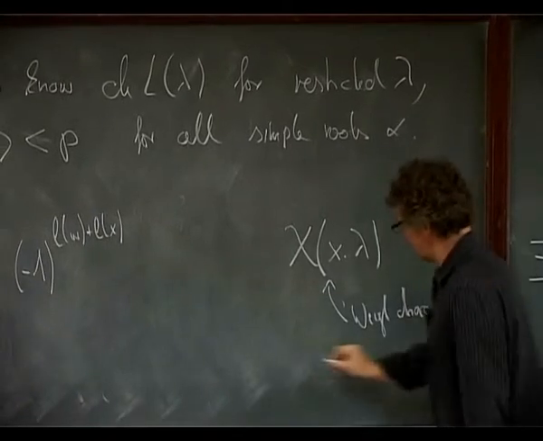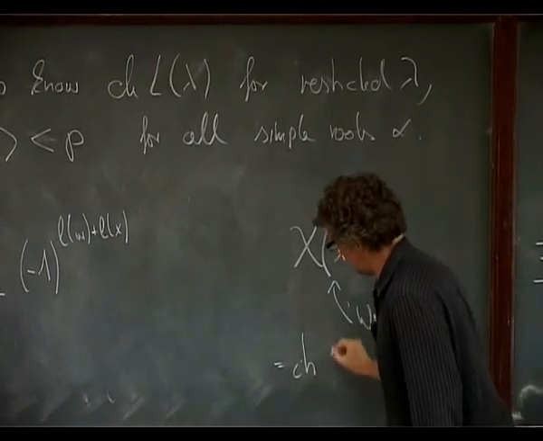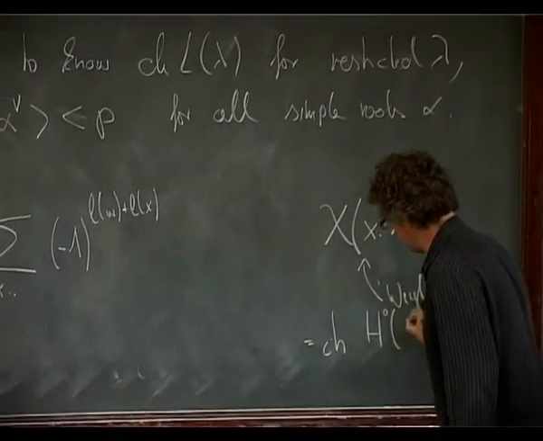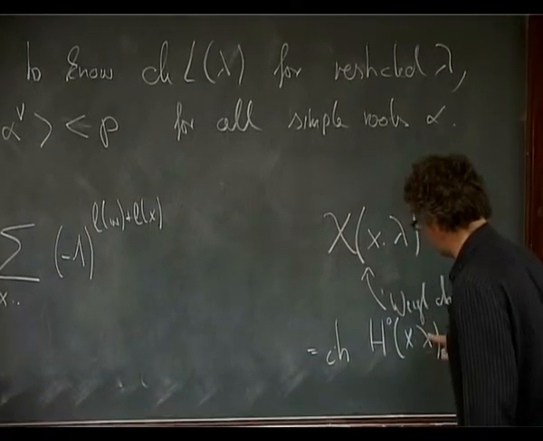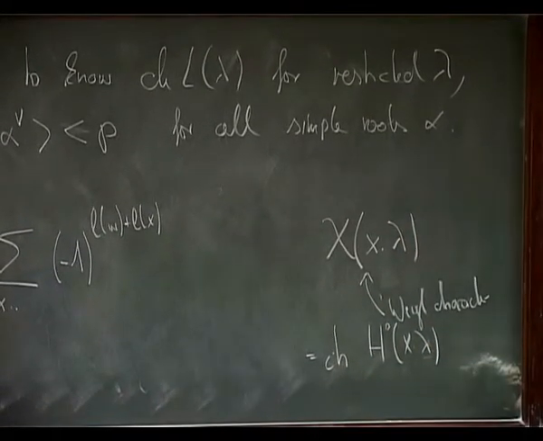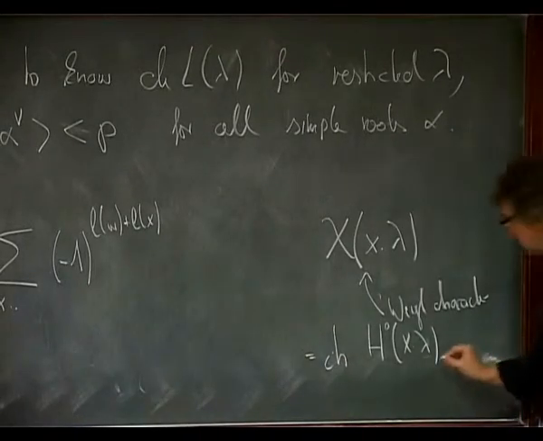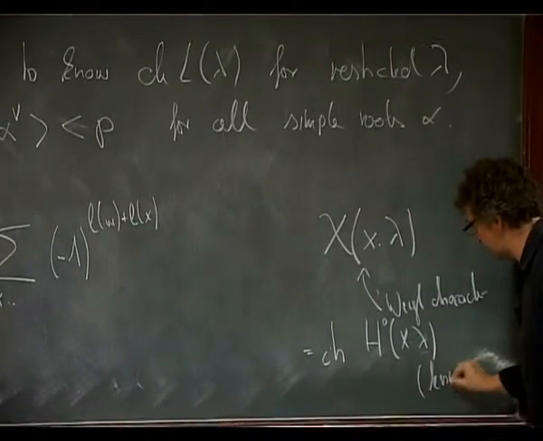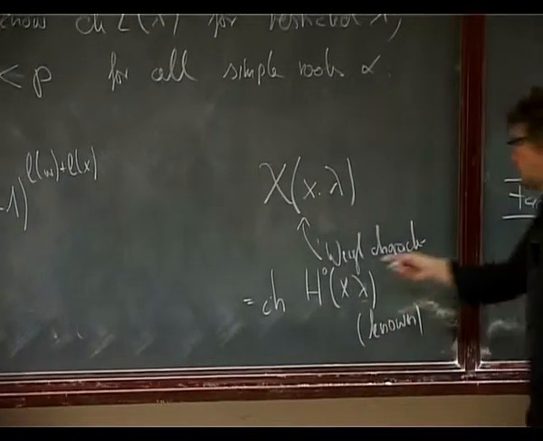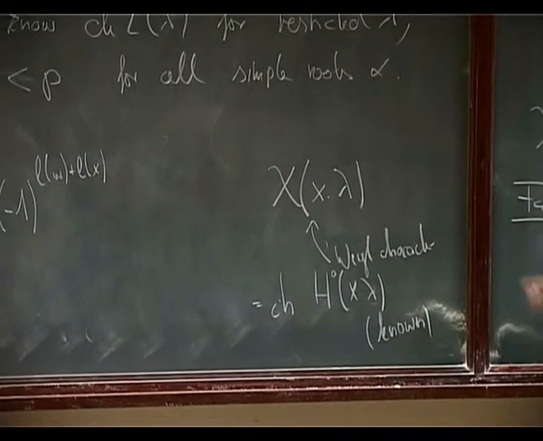It is, in fact, the character of H^0 of x dot lambda. You see these global sections of the line bundle, and there's the Weyl character formula that gives this character.